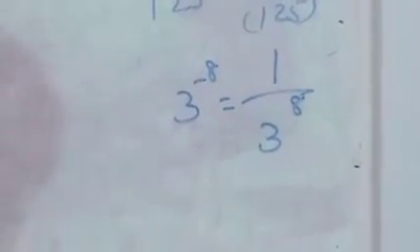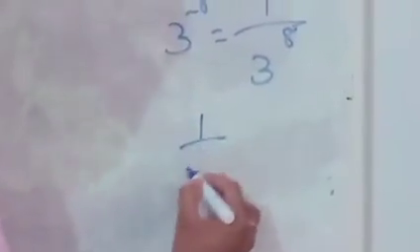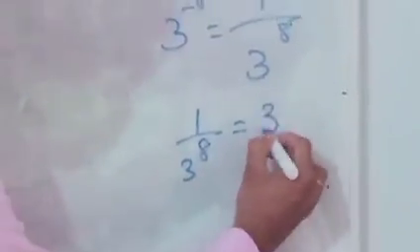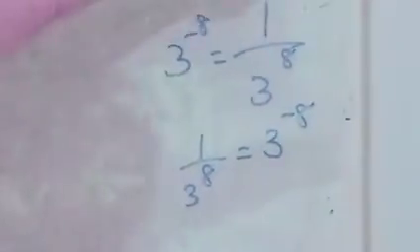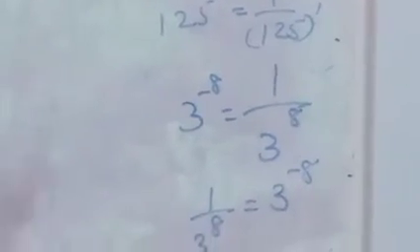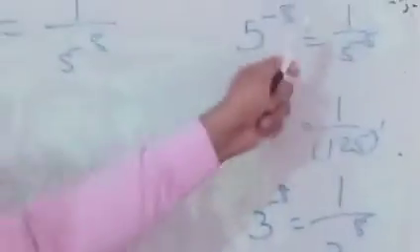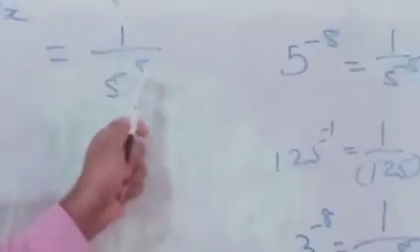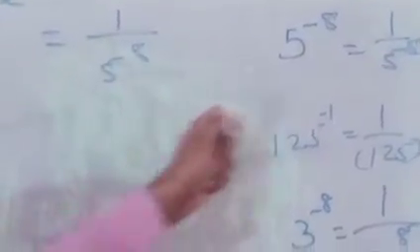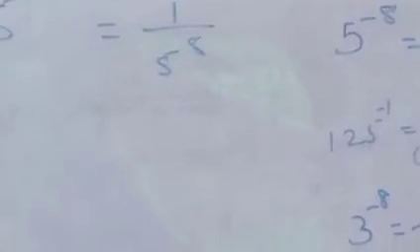Understood? So 1 by 3 raised to the power 8 means 3 raised to the power minus 8. The same way we can do 1 by 5 raised to the power 8, which is equal to 5 raised to minus 8. So this value we can apply here.